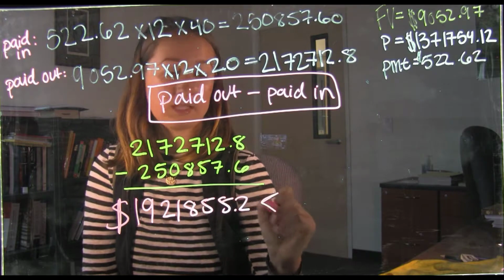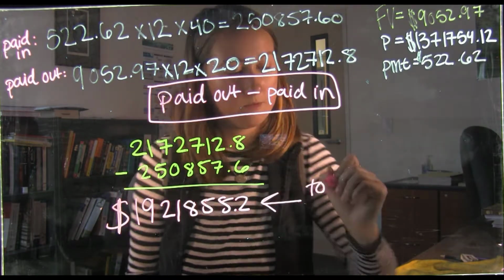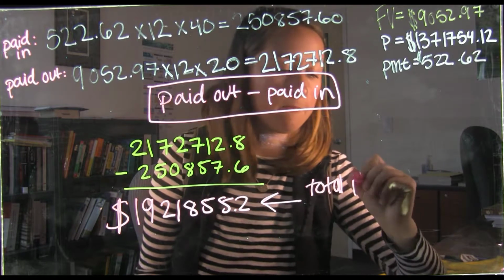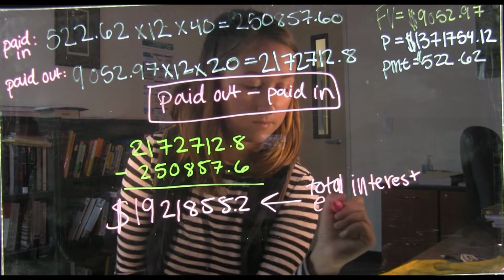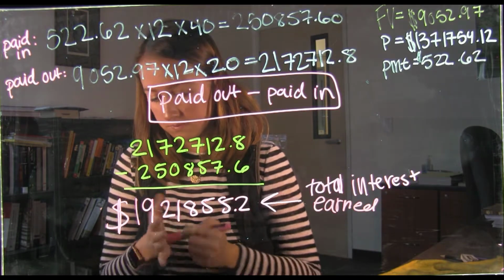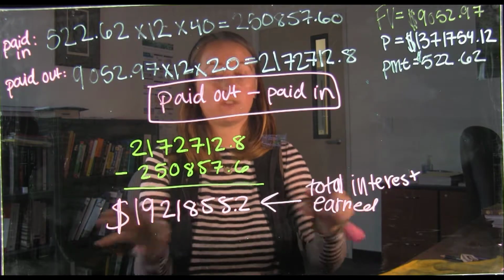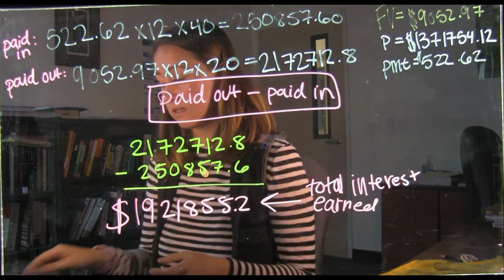So this is how much total interest earned over the course of the 60 years. So this is how much she earned after saving for 40 years and being paid out for 20 years.